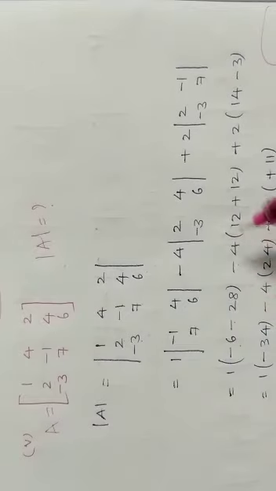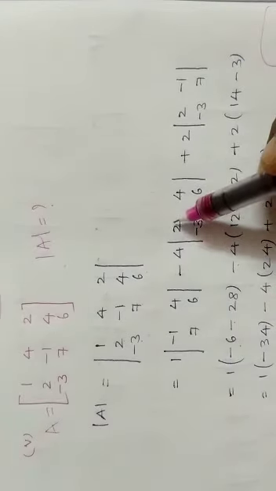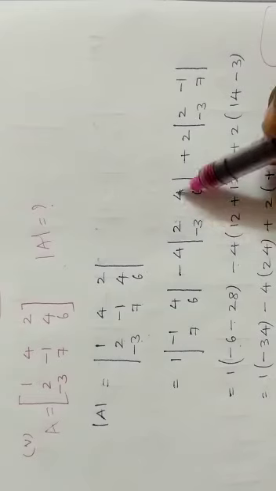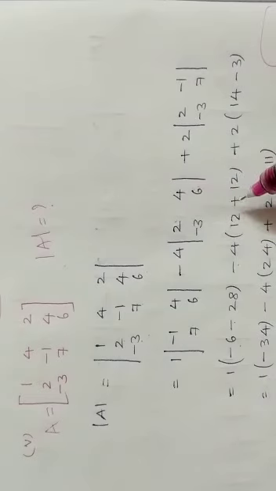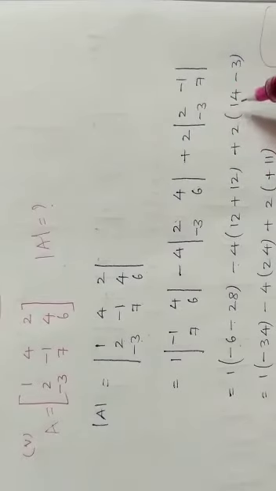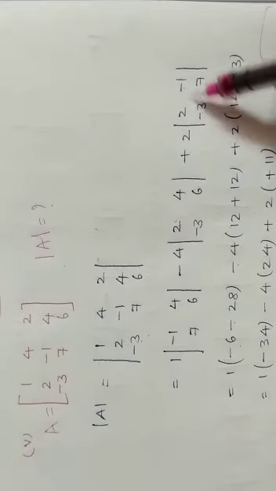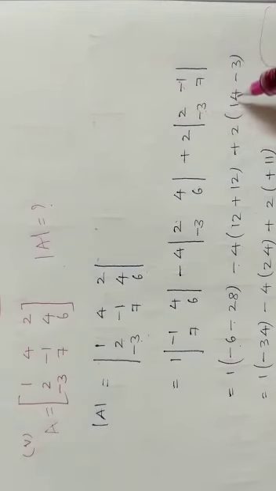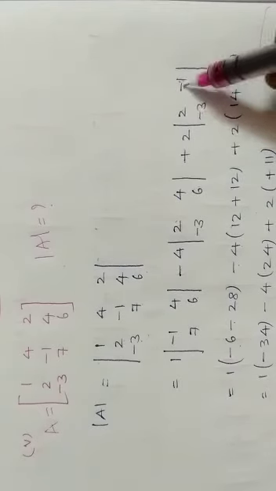Minus 4 into AD 2 into 6 is 12, minus BC is minus 12, minus into minus is plus, so plus 12. Plus 2 into 2 7s are 14 minus, multiply these two, you will get 3. So AD 14 minus BC is 3.